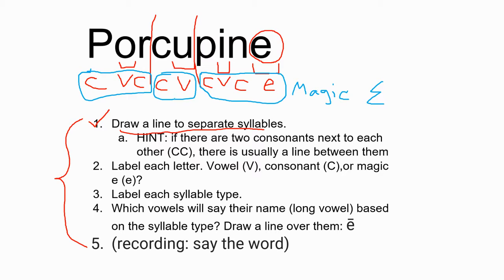Now one of these is closed and one of these is open. If you remember, a closed syllable is one that has a consonant closing it at the end. It's closing in, the vowel is closed in on both sides. So this is a closed. O, S, E, D. It's closed syllable.